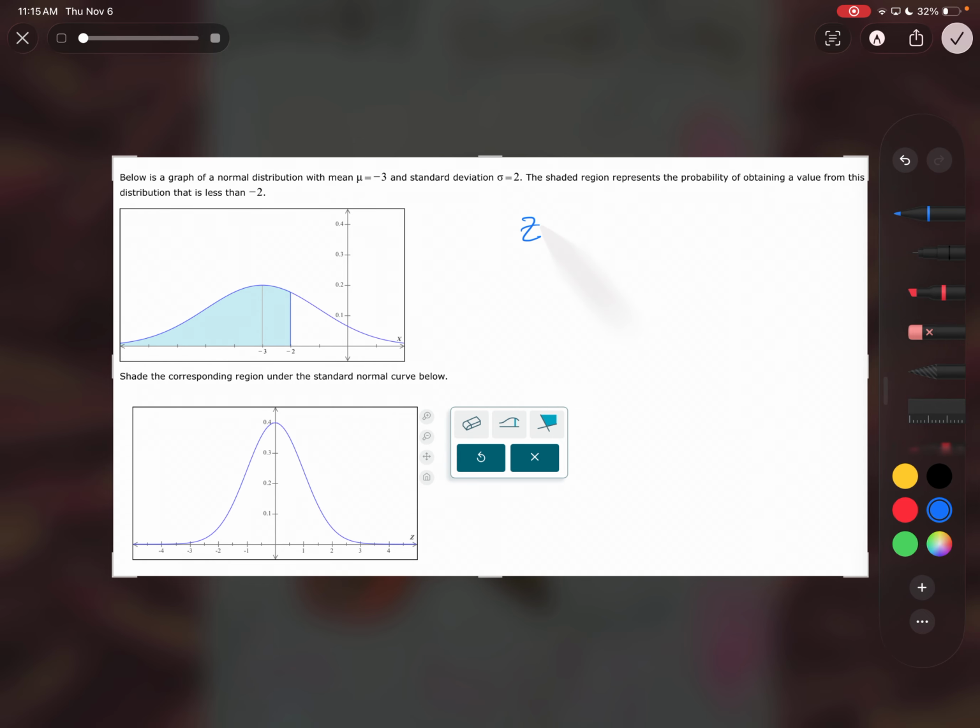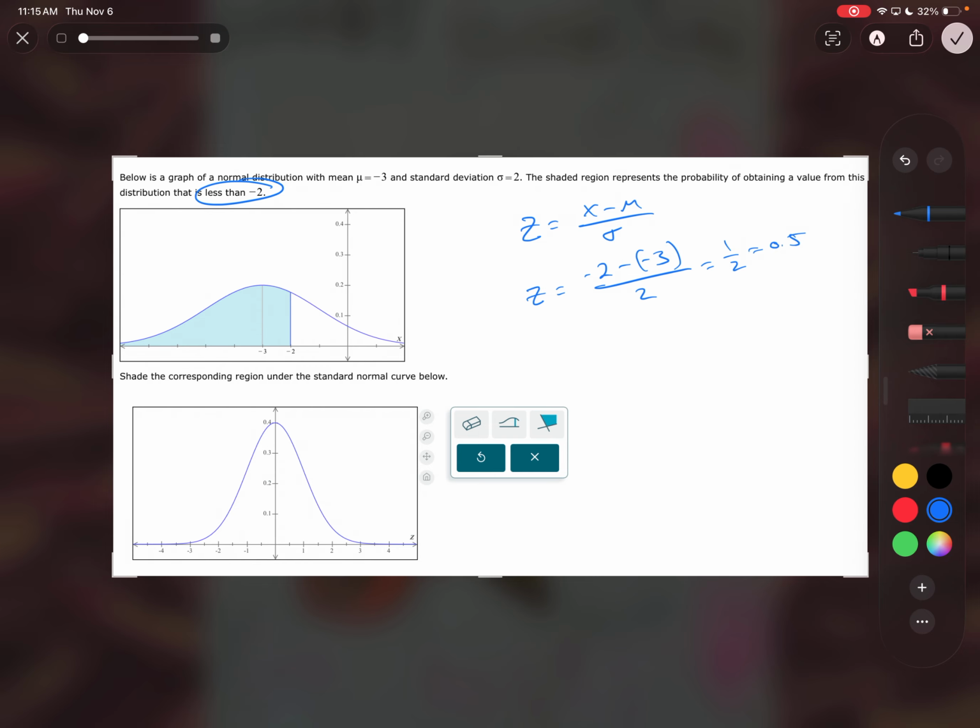Your z-score formula, remember, is x minus the mean divided by the standard deviation. So my x here is less than -2. I'm not doing less than, I'm just figuring out the -2 part first. -2 minus my mean divided by my standard deviation would be 1/2 or 0.5.